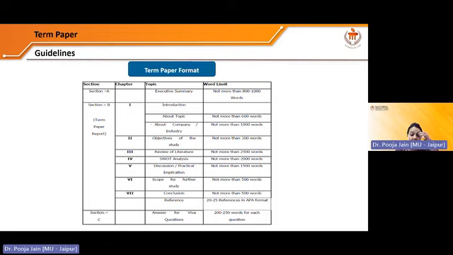Now the third part is the review of literature. That is very important, the review of literature. The word limit could not be more than 2500 words. So what is included in the review of literature is the previous research, previous topics that have already been published on Google Scholar or any other platform.